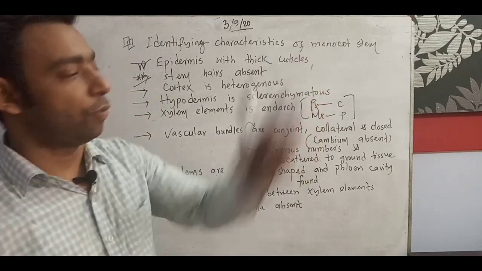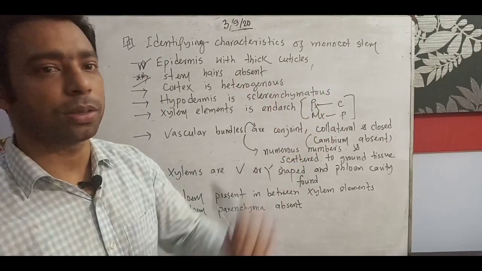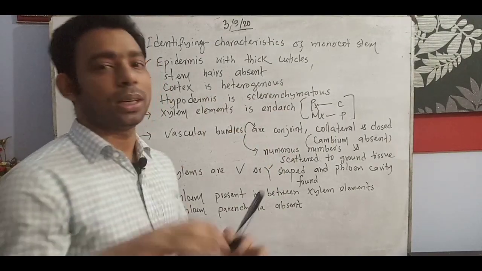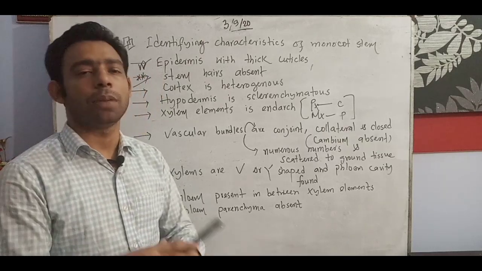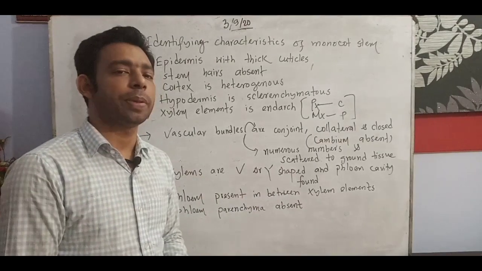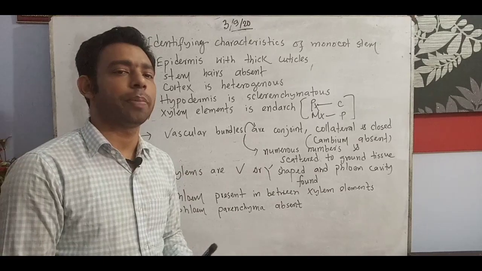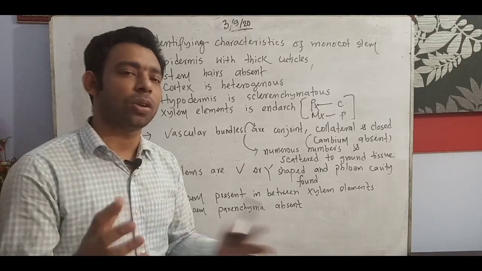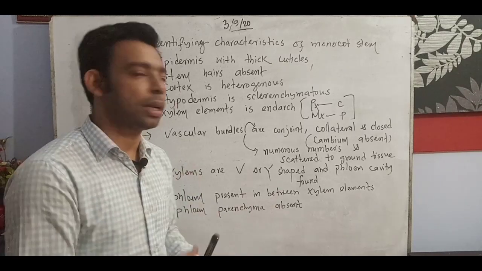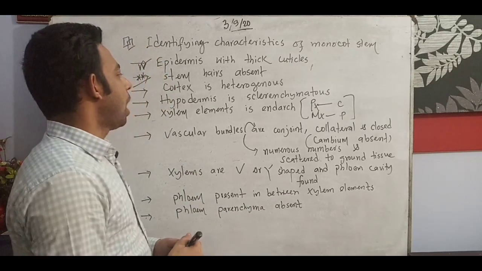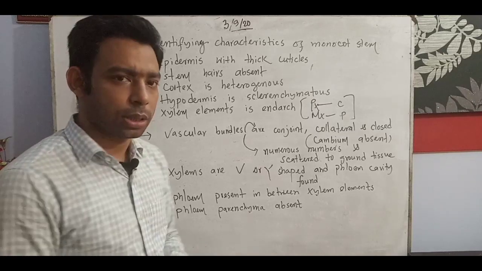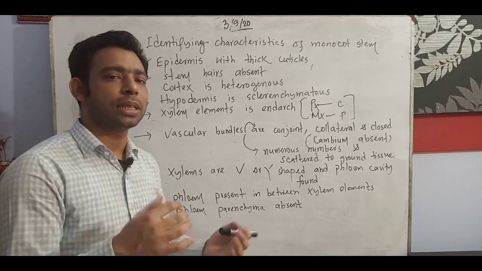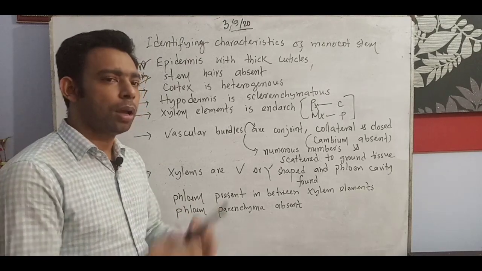If you see physically, no stem hair, so we can instantly think of monocot stem. Cortex heterogeneous: the cortical region is not similar in shape and size, and all the cortical matters do not have similar functional activities or connect in a similar way. Hypodermis is sclerenchymatous, that means hypodermis is composed of sclerenchyma tissue.